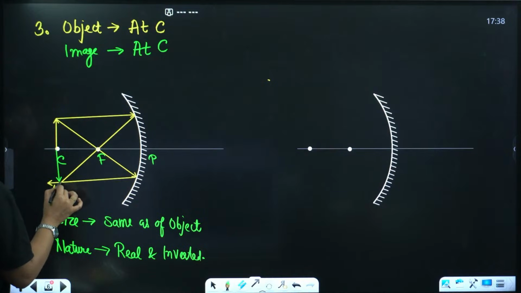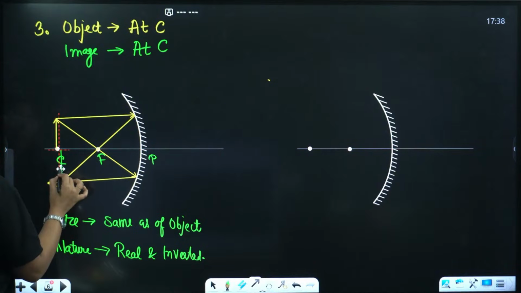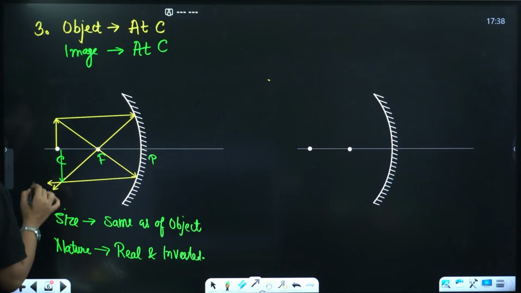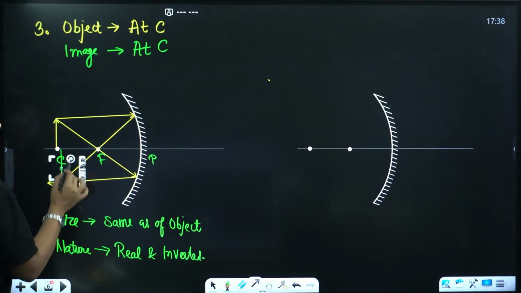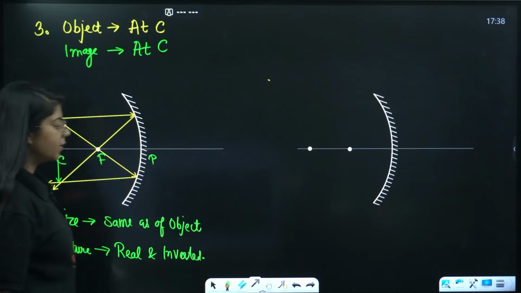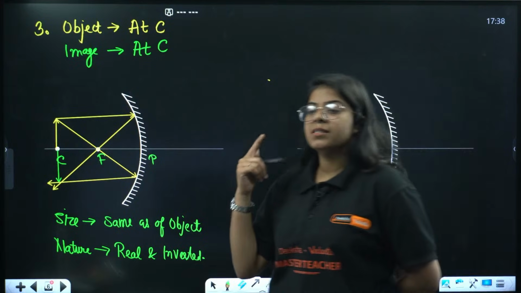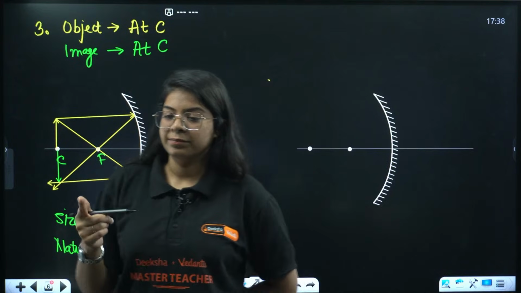And now the image is being formed at C. The image is formed at C. Correct? And the image is of the same size. It is real and inverted.